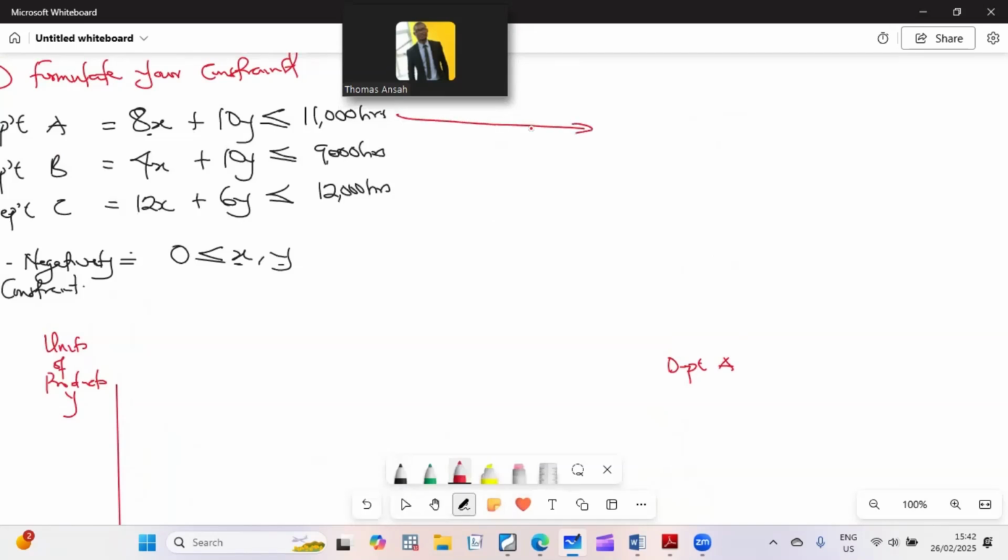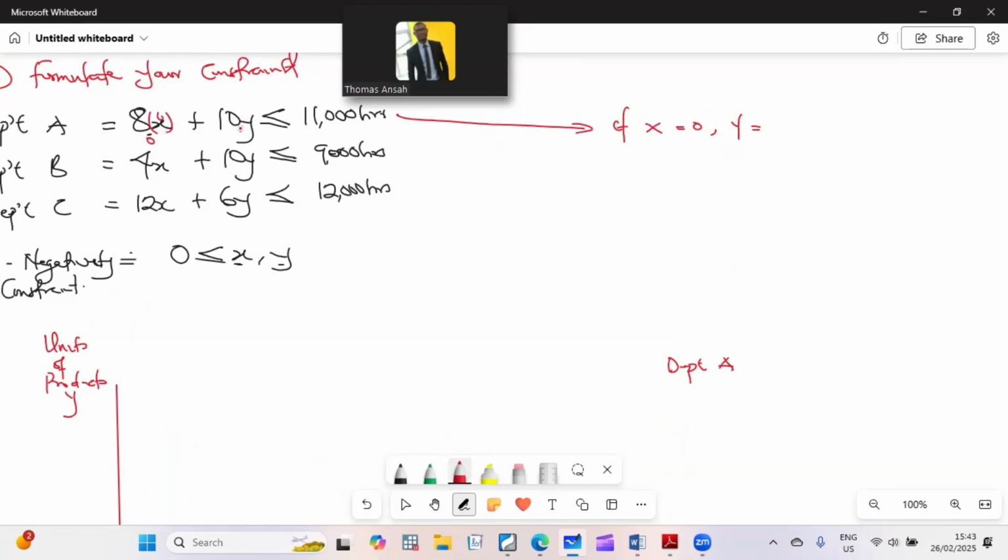To draw these constraints, we need 2 points. So if X is equal to 0, Y will be equal to 11,000 divided by 10. That's the meaning of this, because watch this. If you put 0 here, any number multiplied by 0 is 0. Is that not it?